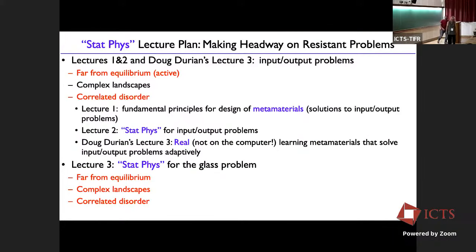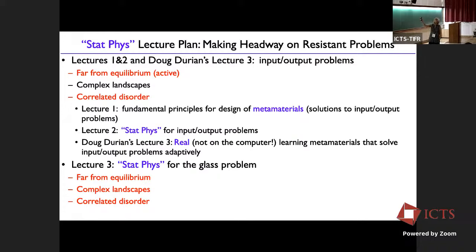Okay, so statistical physics, right? Let me just remind you of this lecture plan. So yesterday I talked about fundamental principles for the design of new materials. And the idea of that really was to create ensembles that we can then study to learn about how function emerges as a collective phenomenon. So that's what I'm going to talk about today.